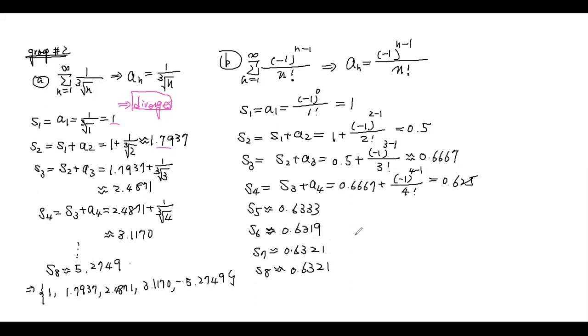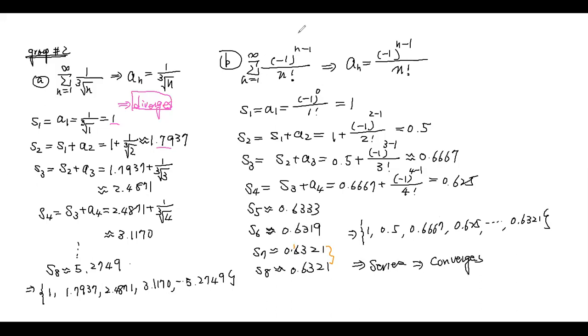So that's how you create a sequence: it starts with 1, 0.5, 0.6667, 0.625, and goes to 0.6321. It looks like those values all approach 0.6321. So this series appears to converge.